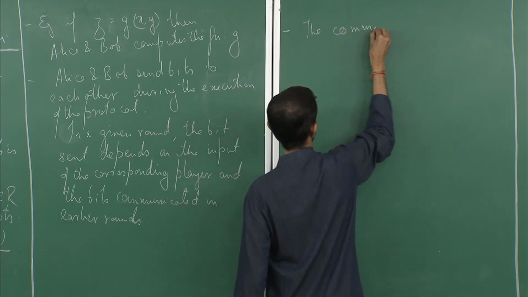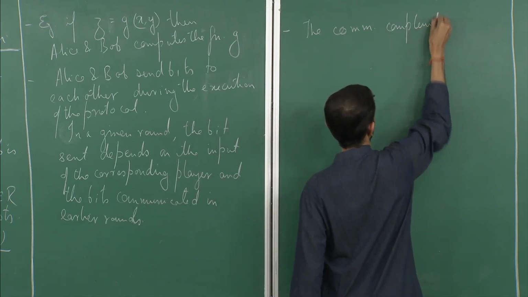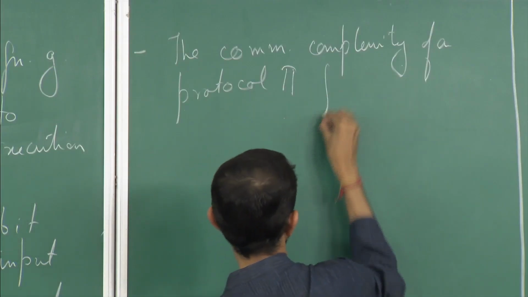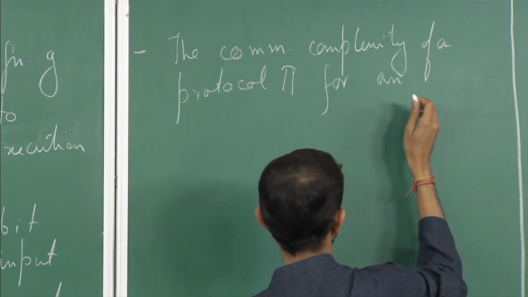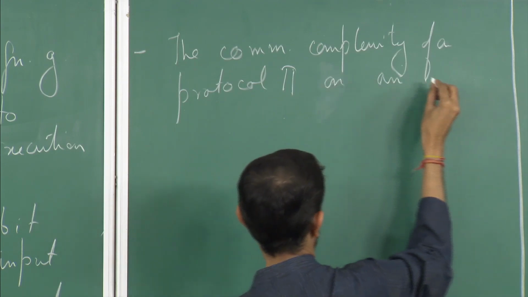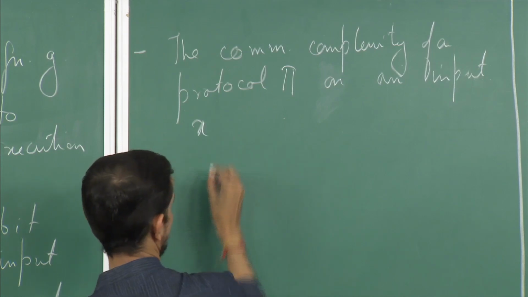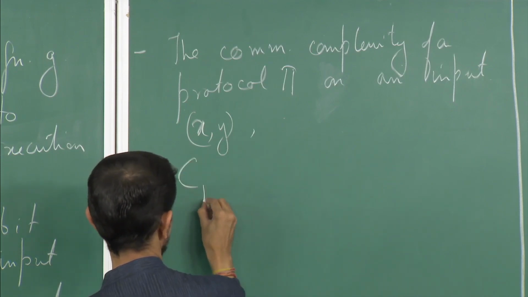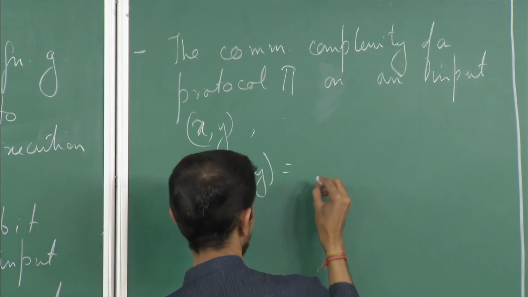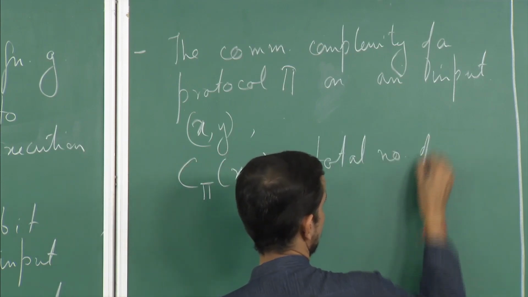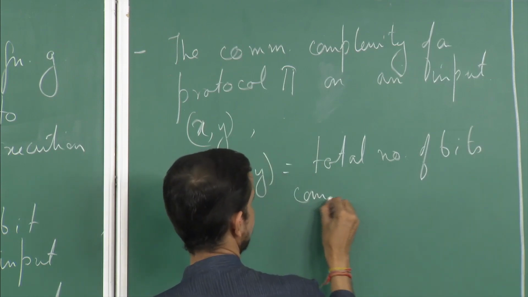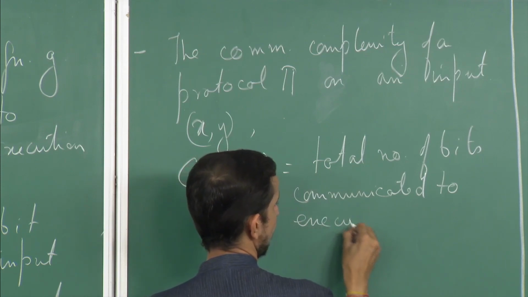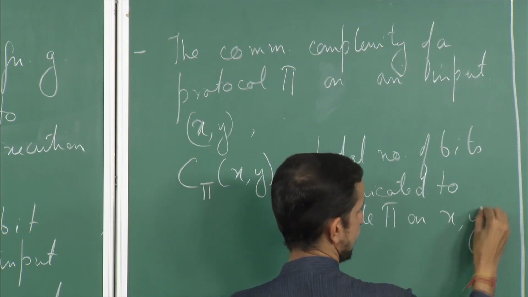The communication complexity of a protocol pi on an input (x, y) we'll write as C_pi(x, y), and it is equal to the total number of bits communicated to execute pi on the input (x, y).